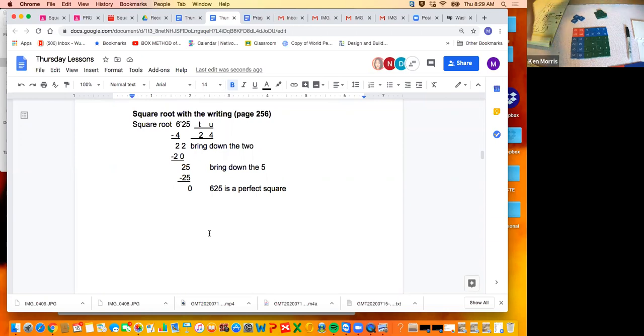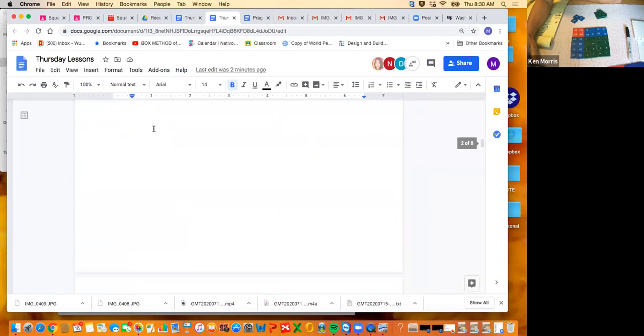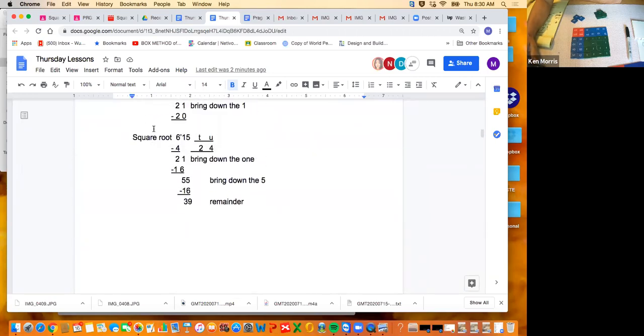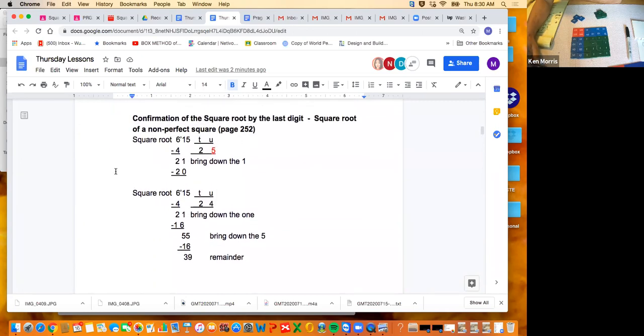Some will argue that you should do the square root of 625 with notation before you do the 615 that we just did. And I would buy that totally. The album shows it the other way, but it kind of makes sense, because this notation is obviously more complicated: we have to go back and cross out and so forth.